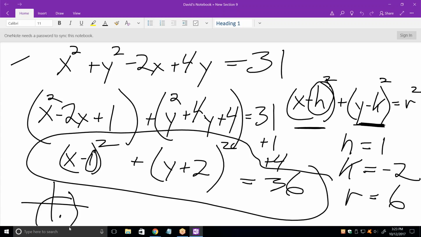That's an hour all by itself because you have to use it in numerous cases. In this case, we're using it for a circle, but we can also use it for an ellipse. We can use it for a hyperbola. We can use it to put a quadratic into vertex format. So there's all kinds of uses for completing the square.